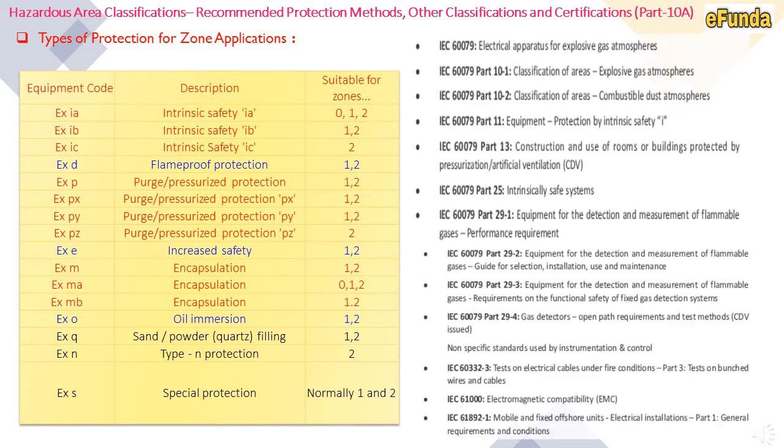Similarly, we have identified the applicable IEC standard, that is IEC 60079, electrical apparatus for explosive gas atmospheres, and various parts are also identified and listed here. One should study this standard so as to understand the protection methods for zones.